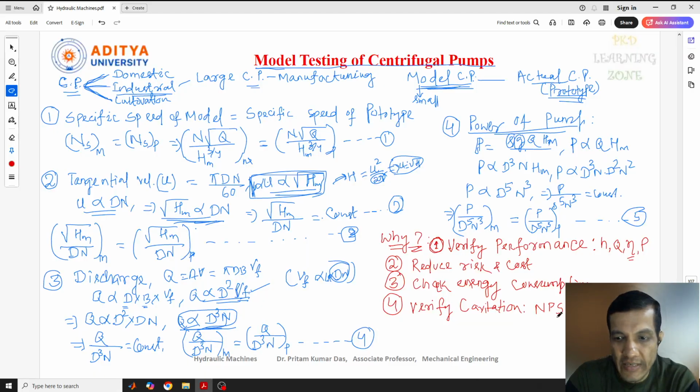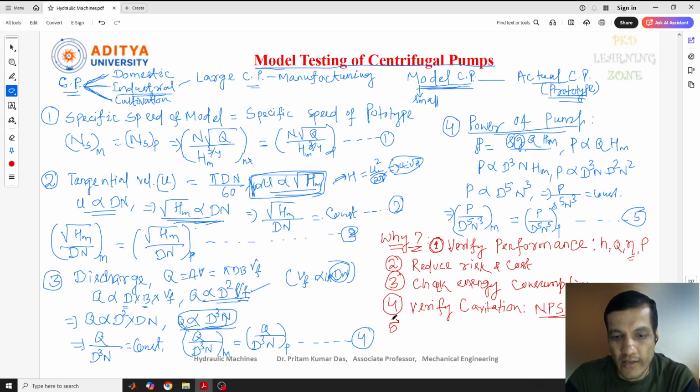What is this NPSH? We will study that in our next lecture. To verify cavitation we use the net positive suction head, and we can also find out from the characteristics of cavitation. That is another topic, and this will also be helpful for us.